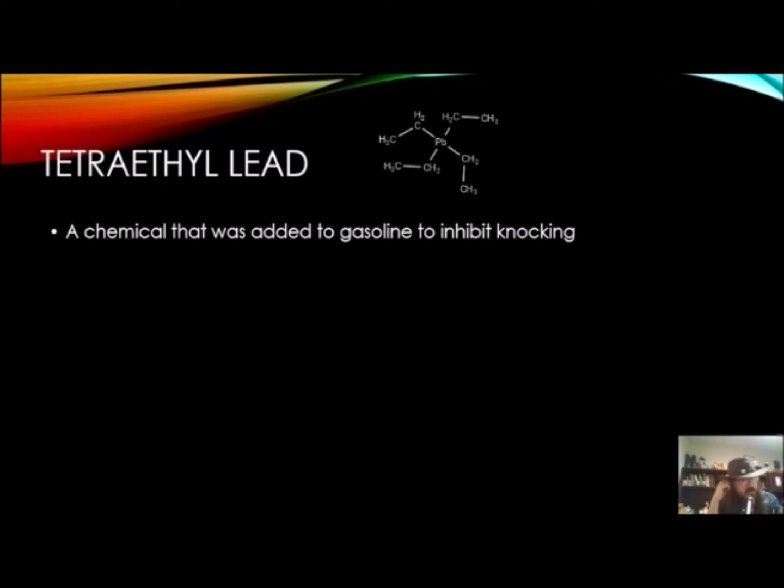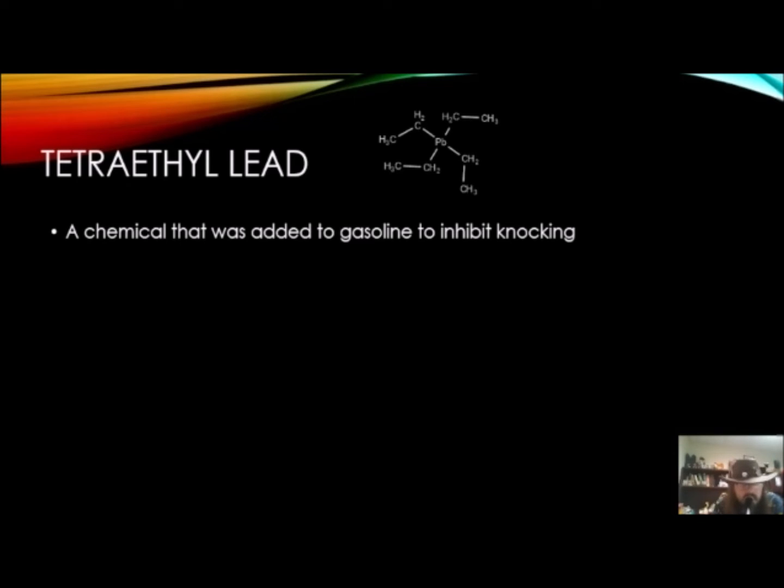Now, in the 1920s, the public wanted greater power and more fuel efficiency. They wanted the muscle cars. They wanted to get a lot out of their engines, but they didn't want all this knocking. So we needed to up the octane rating without making things too expensive.